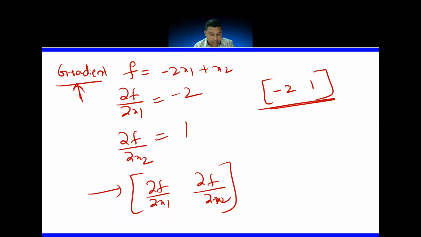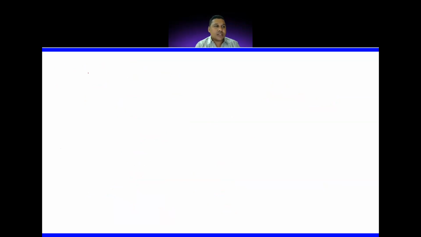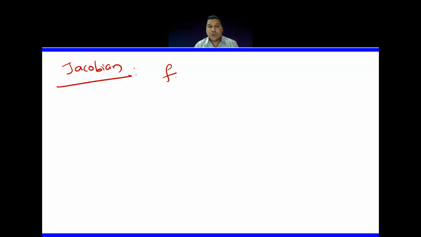We'll go to the next term, that is Jacobian. Let's see what the Jacobian is. Right. Gradient is a collection of partial derivatives of one particular function, this function f, which is dependent on two variables x1, x2.